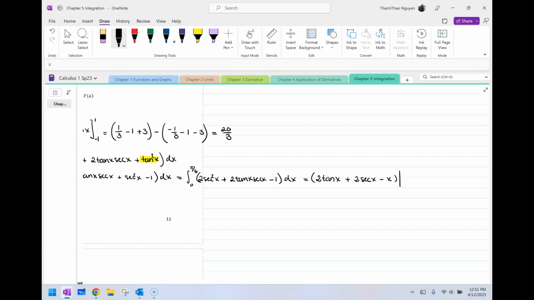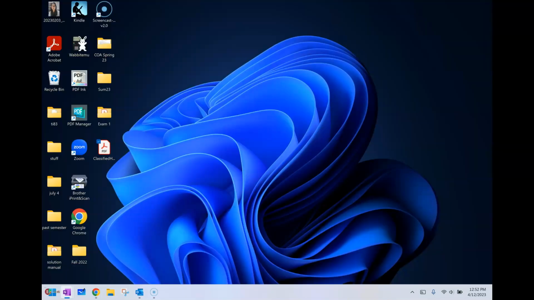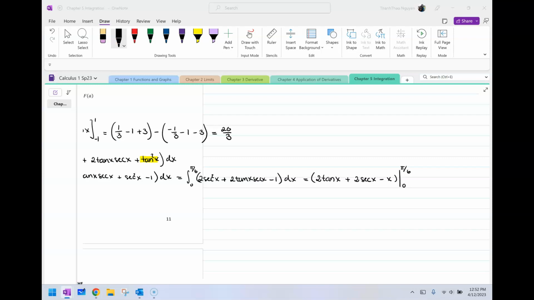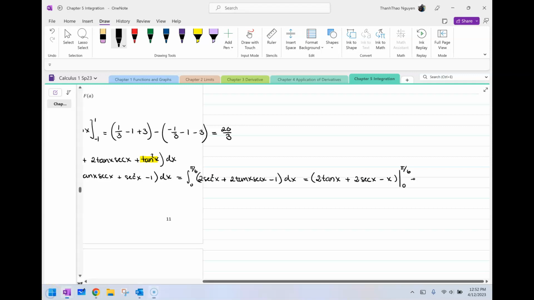And we evaluate this from 0 to pi over 6. And we should get that equal to 2 times 1 over root 3 plus 4 minus pi over 6.